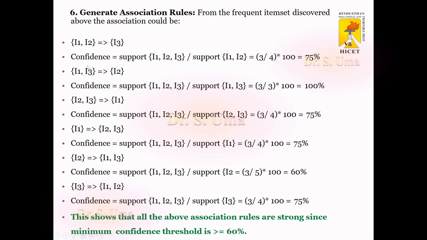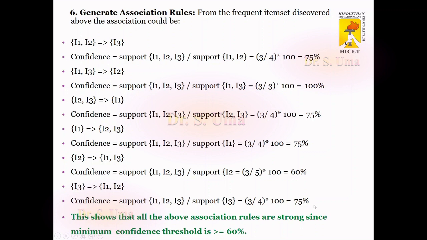Here the confidence level is equal to support of I1, I2, I3 divided by support of I1, I2, that's equal to 75%. Similarly, we calculate for the remaining items and we find these values of confidence: 75%, 100%, 75%, 75%, 60% and 75%.